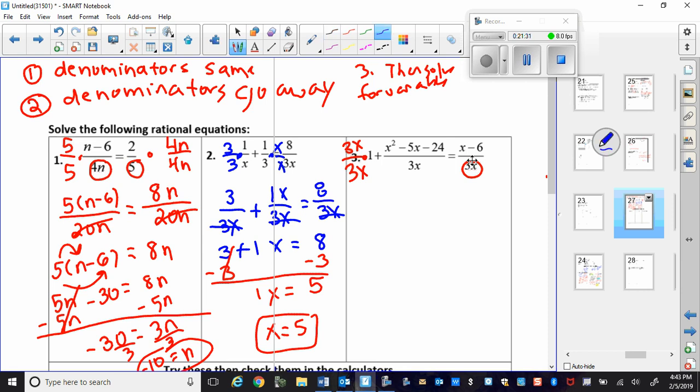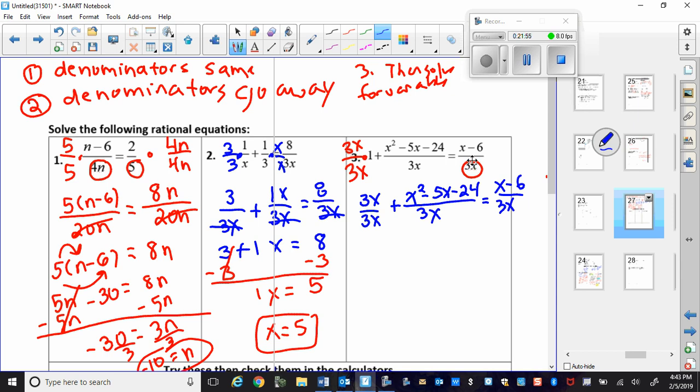What happens? It becomes 3x divided by 3x's plus, I'm not ready to factor that yet, but just write the polynomial, divided by 3x equals x minus 6 divided by 3x.